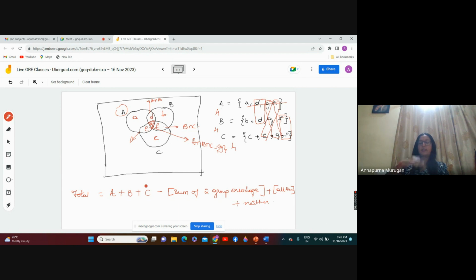The sum of two groups overlapping means A intersection B, plus B intersection C, plus A intersection C. That means the sum of the cardinal numbers of all these comes out here. This is one of the important formulas we use throughout to solve problems.